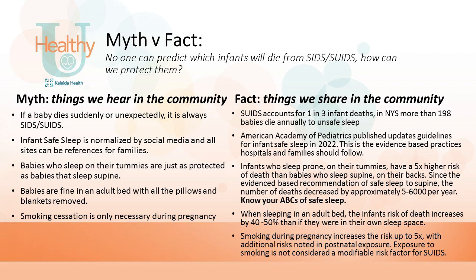When the AAP pushed out infant safe sleep, they prevented almost 5,000 to 6,000 deaths per year just by placing babies on their back. Babies that sleep on their tummy have a 5 times higher rate of death than babies that sleep on their back. We tell people in the community all the time, if you know your ABCs, that's the first start. And you'll see in another slide, babies are perfectly made to be supine on their back.